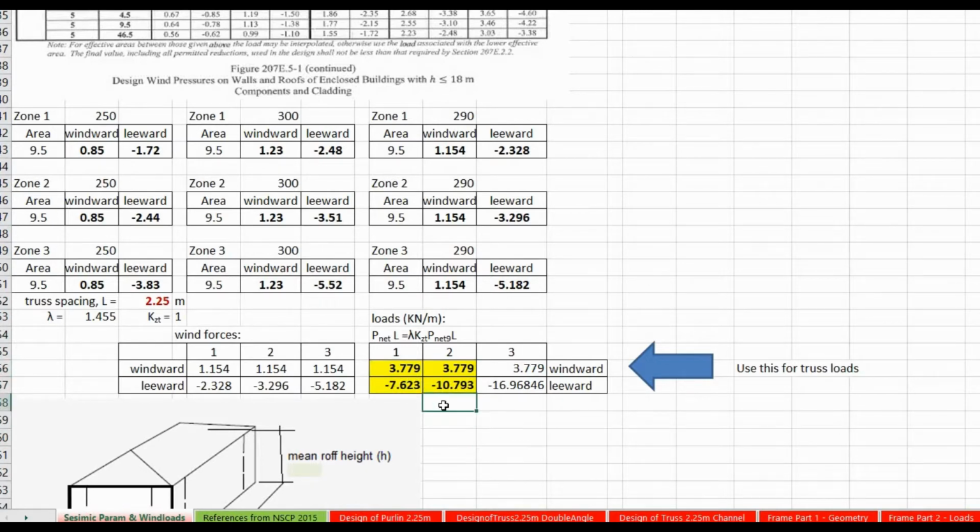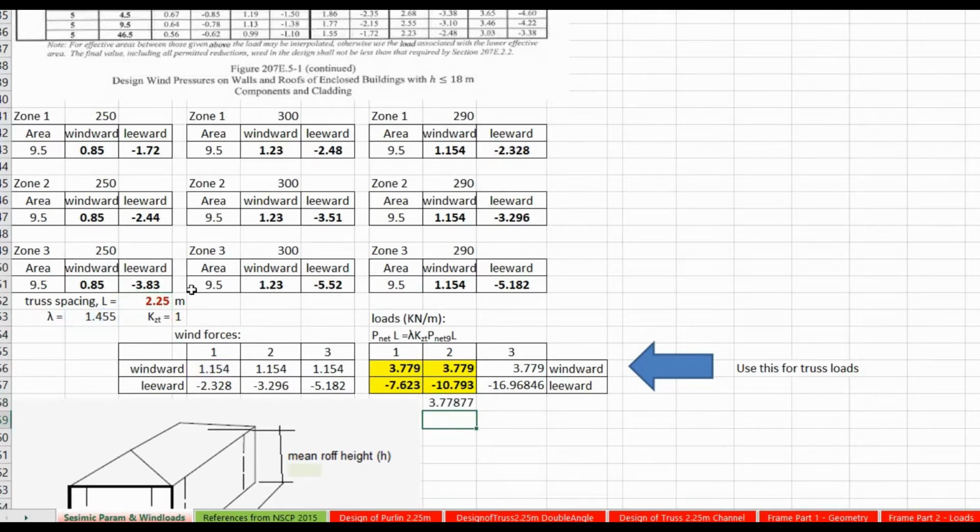Yang 3.779, that is equal to adjustment factor again, times KZT na 1, times 1.154, times your spacing na 2.25.